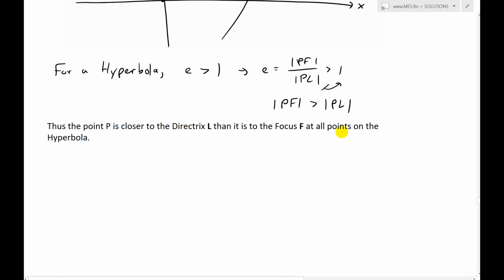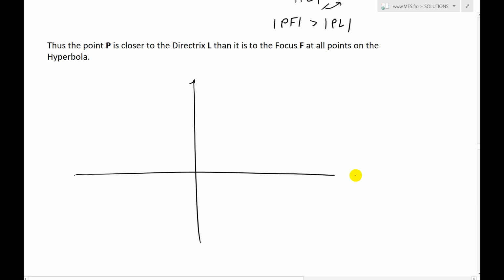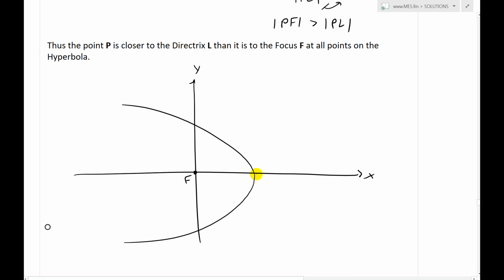So if we had a standard hyperbola opening up horizontally, let's say we had something like this, x and y. Let's say we have the point F, a focus there, and this is our hyperbola, extending out this way. Let's say this is our point that we're considering, right on the x-axis. So this is our point P, and this distance is PF.